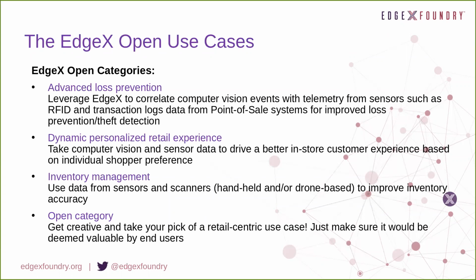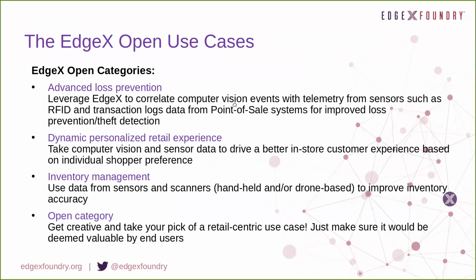So advanced loss prevention. Obviously there's been surveillance used in retail for safety and security for some time, but there's this new trend where you see computer vision, AI models, being used to correlate what's happening at the point of sale system with telemetry from other sensors.